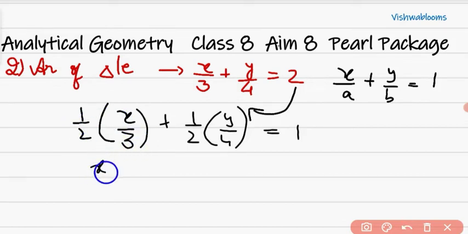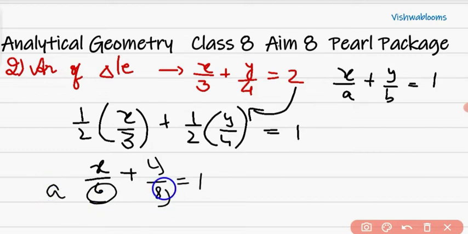So it is x by 6 plus y by 8 is equal to 1. So this is the value of a, this is the value of b, right?